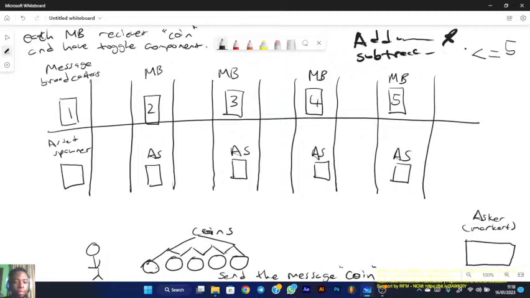When the player collects the coin, they send the message coin to this message broadcaster. So this is toggled on, this is toggled off, toggled off, toggled off, toggled off.